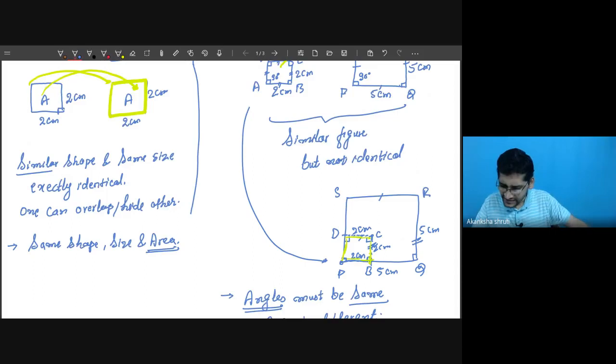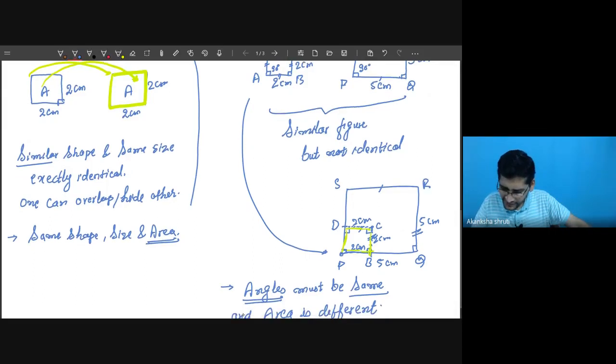What is that? The ratio is that here on this side PQ 2 centimeter is there, so it is 2 by 5. So here we are getting, if I am taking AB by PQ, it will be 2 by 5. In the similar fashion, BC, which is going to be parallel to QR, again BC by QR will be 2 by 5.